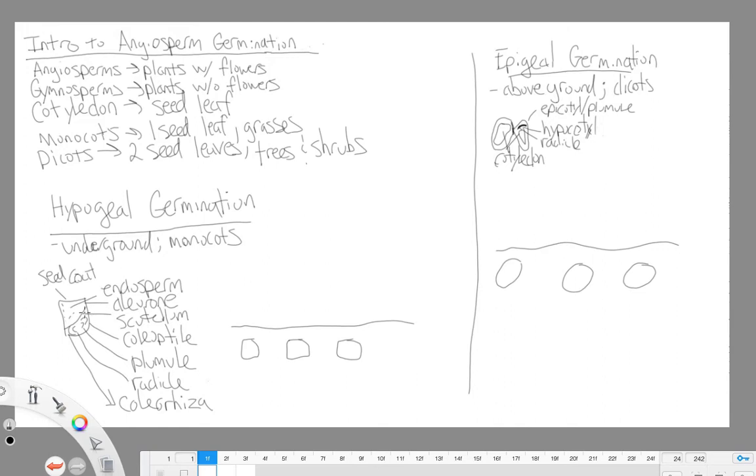We then have a structure called the scutellum, which is part of the cotyledon in our monocot here, and that scutellum is going to help transfer the nutrients from the endosperm to the embryo. We then saw that there's a coleoptile, which is a sheath that is going to protect the growing shoot, which we call the plumule. We also have a coleorhiza, which is a sheath that is going to protect the growing root, which is called the radicle.